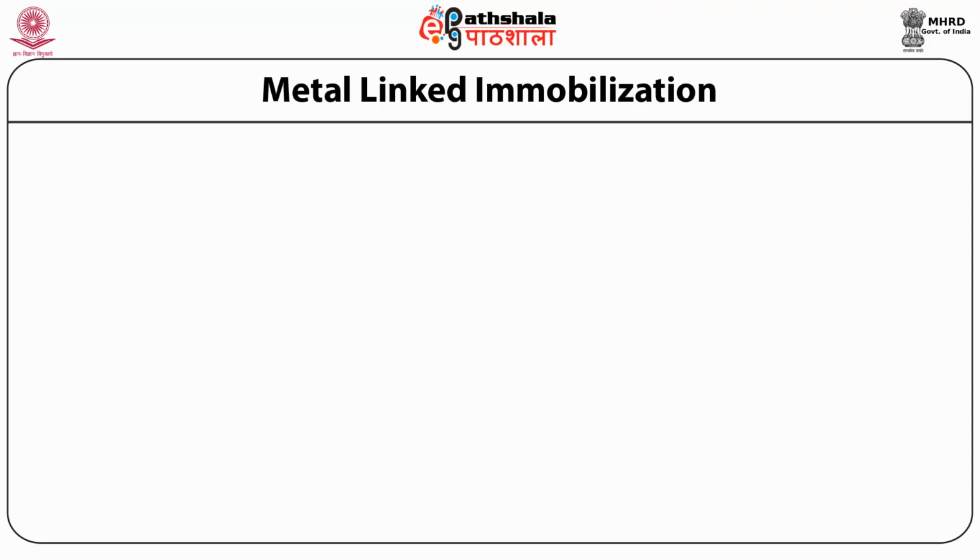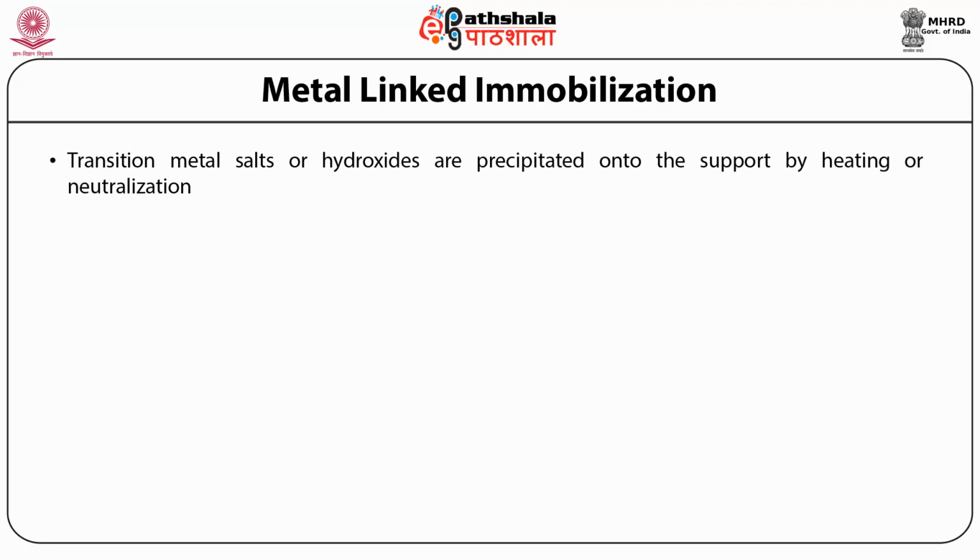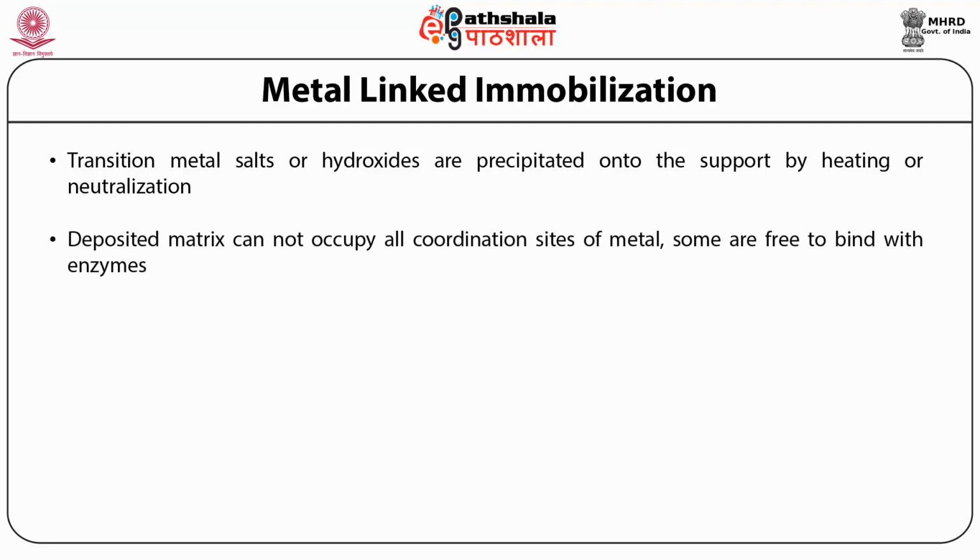The next method is metal-linked immobilization. Transition metal salts and their hydroxides also participate in immobilization. The deposited matrices cannot occupy all coordination sites of the metal, therefore some sites are free.